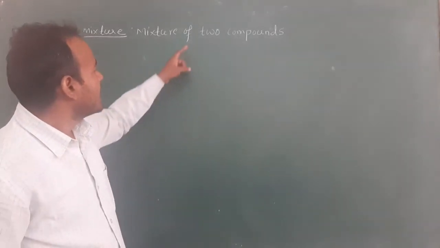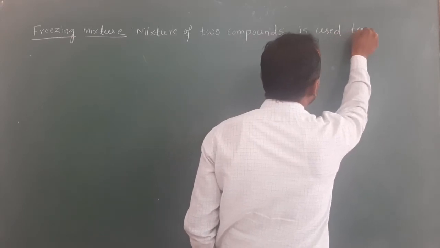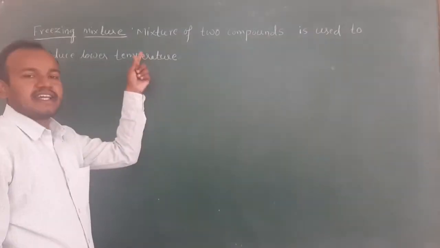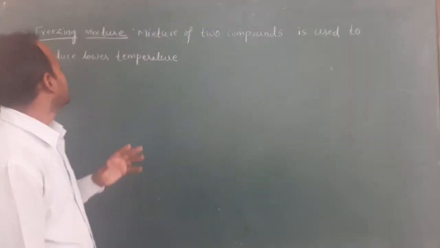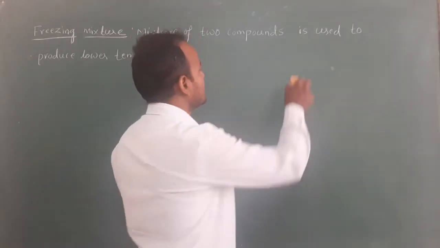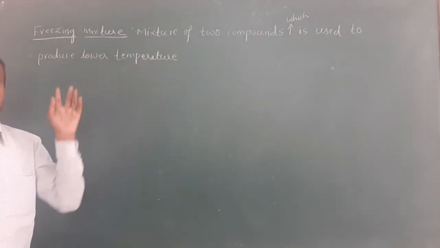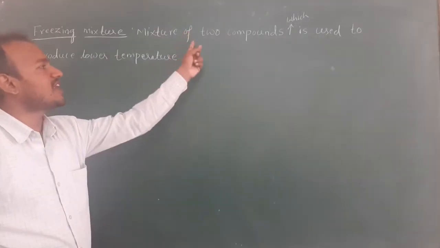The only thing is, this mixture of two compounds is used to produce a lower temperature, a temperature which is lower than the freezing point of either of these two compounds.